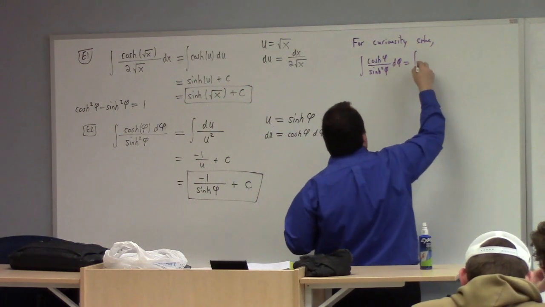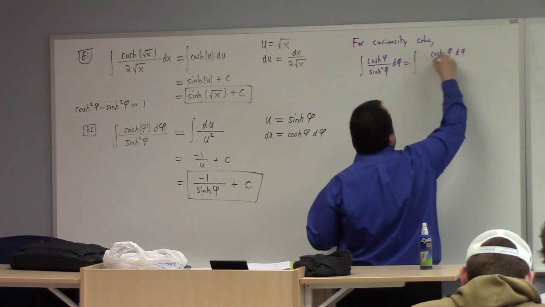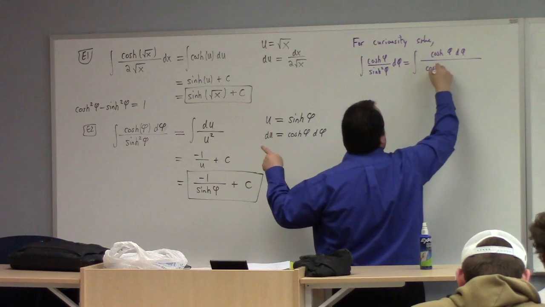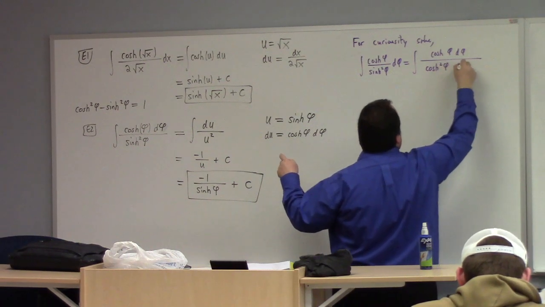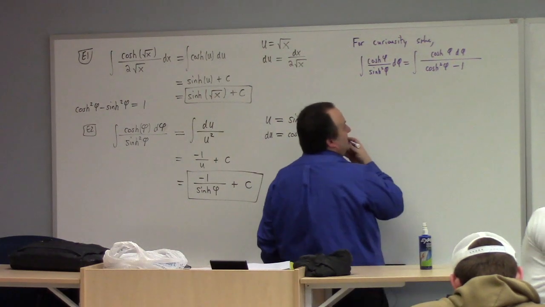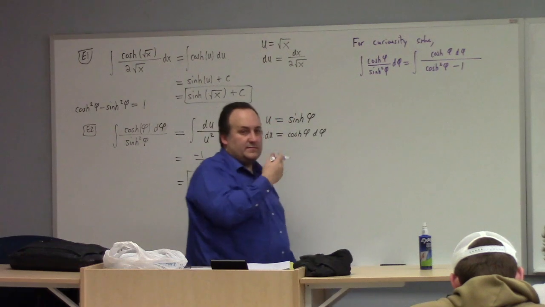Well, we would have had the integral of cosh phi d phi divided by, so sinh squared apparently is cosh squared phi minus 1. Yeah? And then I'd have been stuck, because I wouldn't know what to do with that.